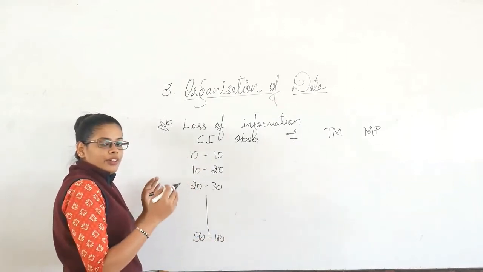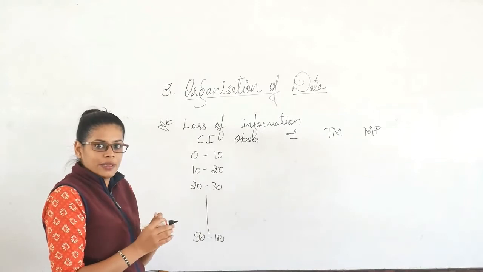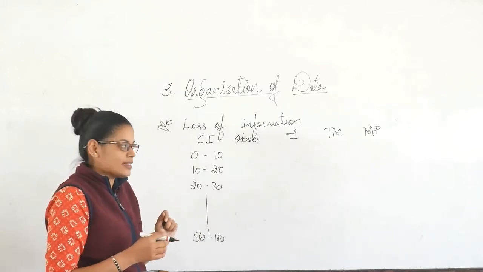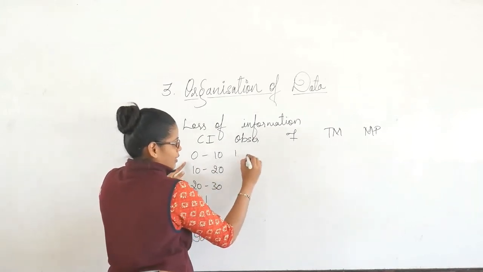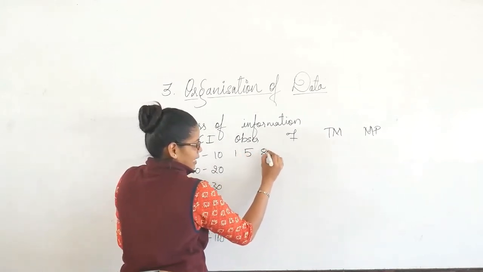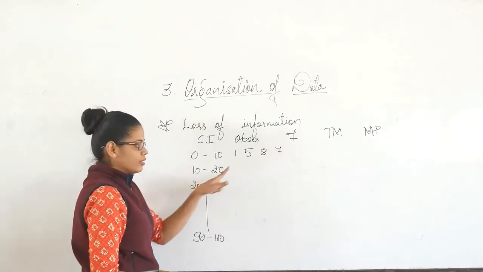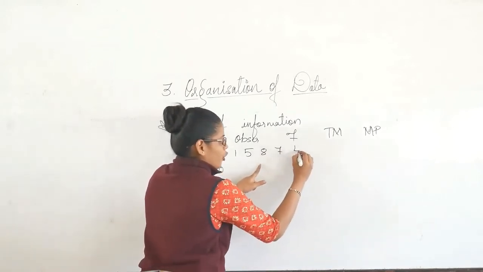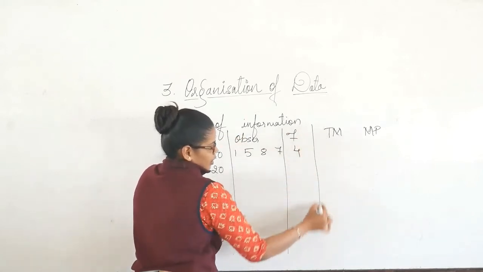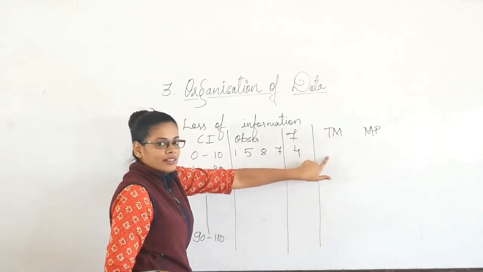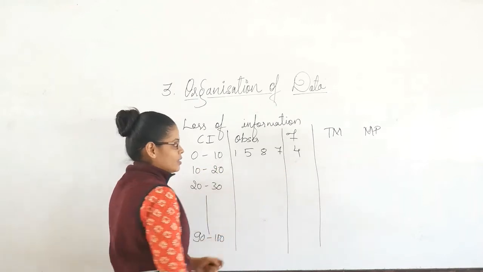Now, if we consider the previous example which we discussed in the last video class, the observations in this class interval were 1, 5, 8 and 7. So that's the reason we have got 4 as the frequency, okay? Now, how did we mark the tally for this class interval?